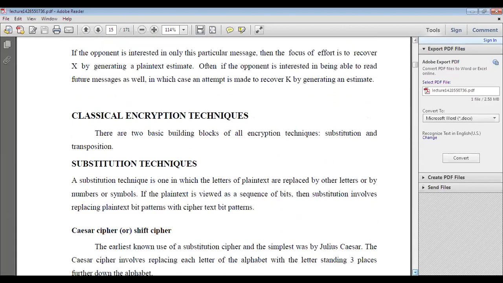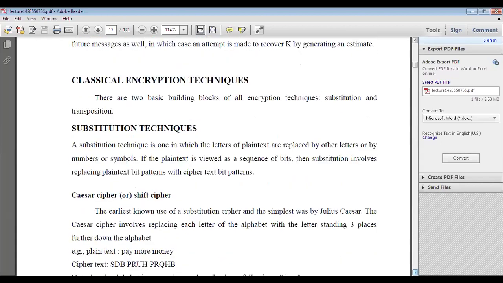So next, what type of techniques do you use here? You use two types of encryption techniques. First one is the substitution technique, and second one is the transposition technique. In the substitution technique, mainly two types are used.